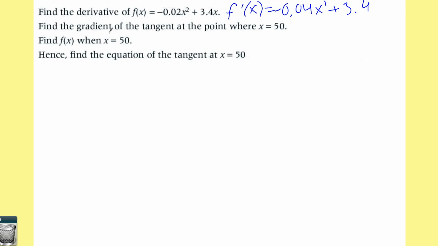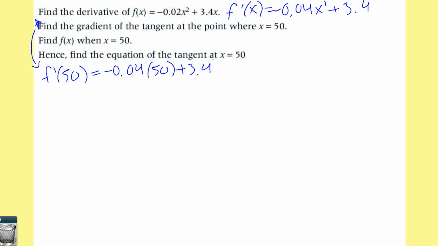So the slope when x is 50. Tangent is the same slope. So we need to plug in the derivative when it's 50. So we do negative 0.04 times 50 plus 3.4.